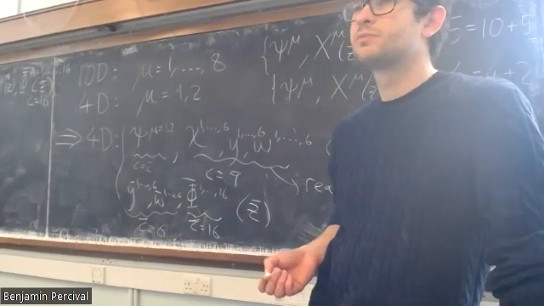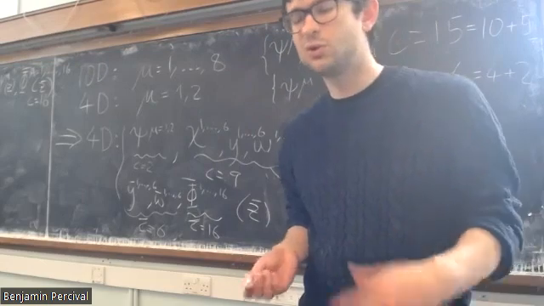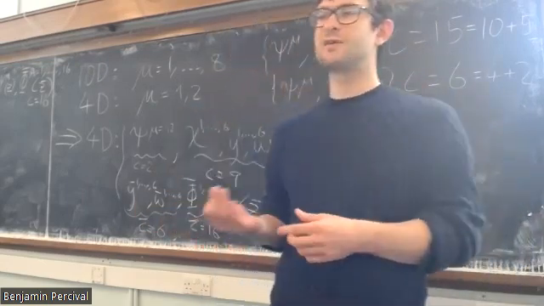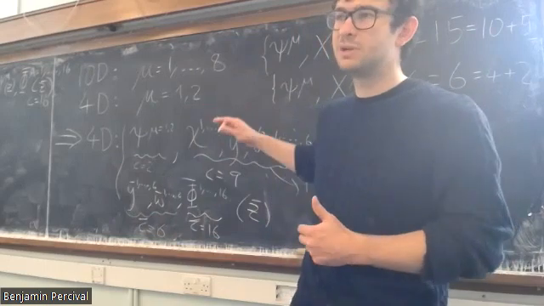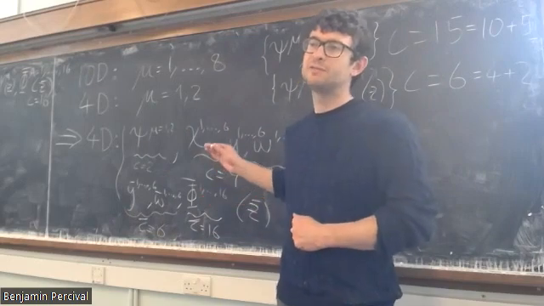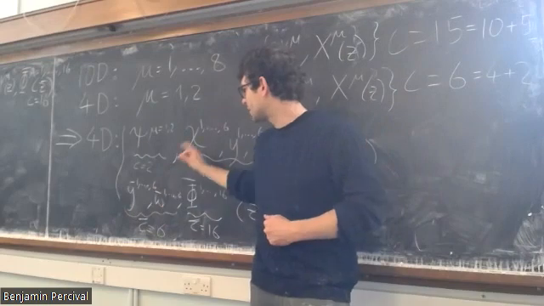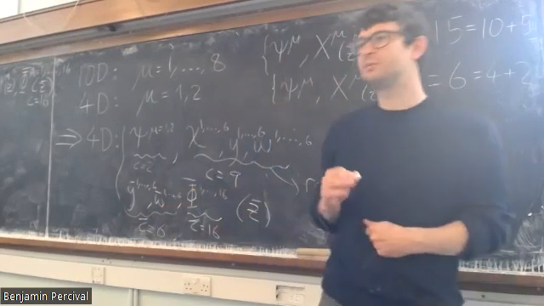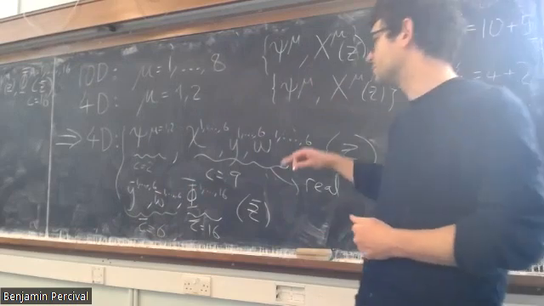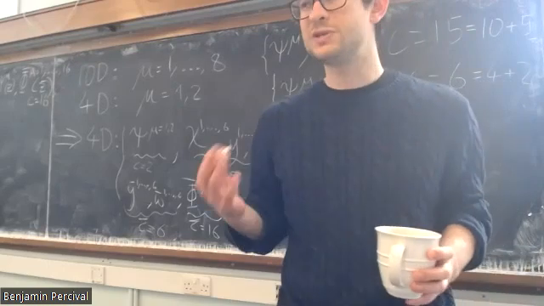And what we have is all the rules that we did in 10 dimensions, like the GSO phase rules, modular invariants, are all going to be very similar, but we just have these extra fields in 4 dimensions. So the Y's, the W's, and the chi, and the Y bar, and the W bars. So we'll get used to using these extra fields, but basically all the rules are the same.